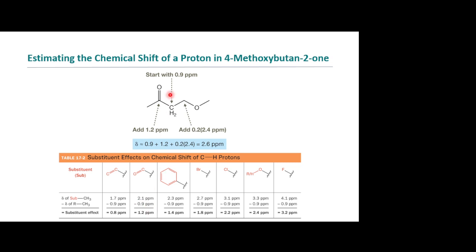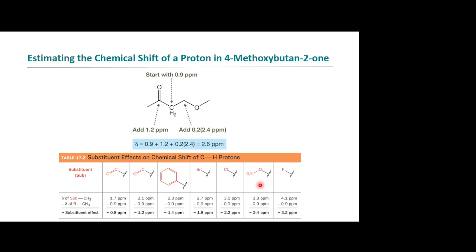That's the 1.2 that I used up here. Okay. This is an aromatic ring, by the way. Bromine, chlorine. Here we have an oxygen going off to something else, like an H or an R. This would actually be what would be this one right here, in case you're wondering. Okay. So the hydrogen here would experience that sort of effect.